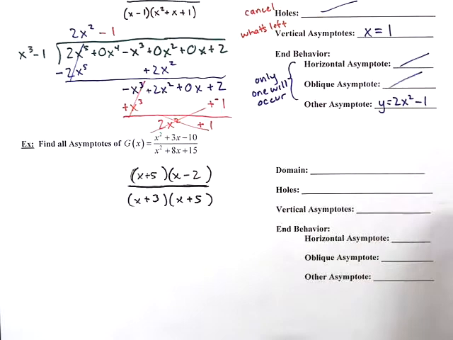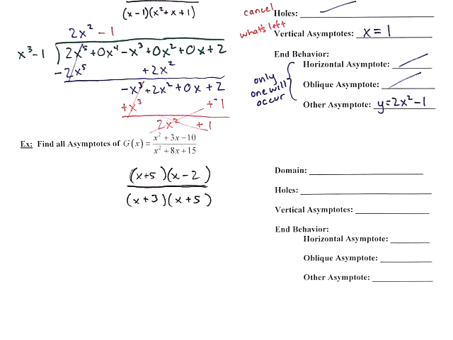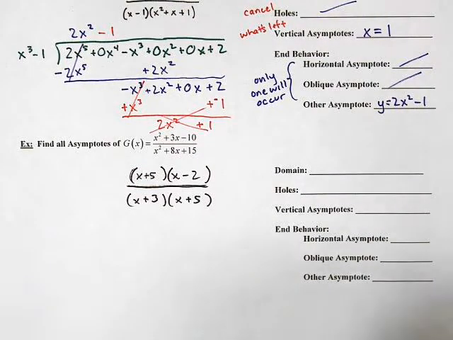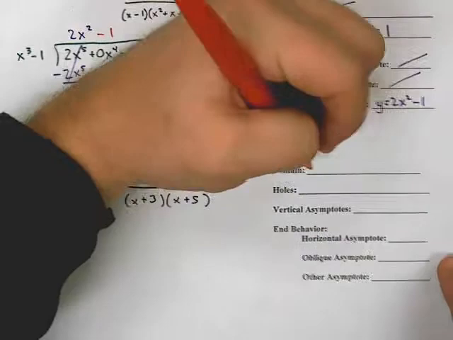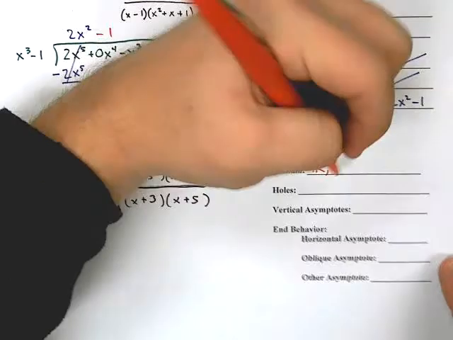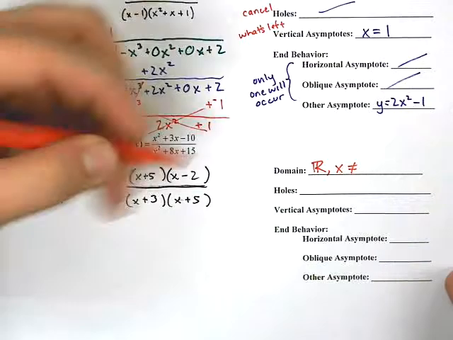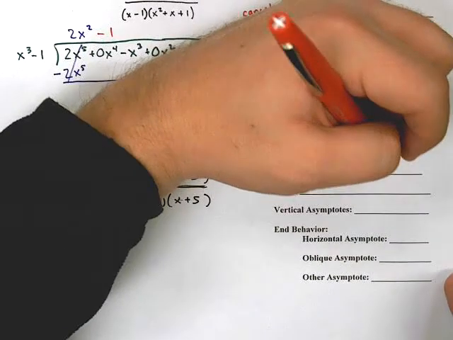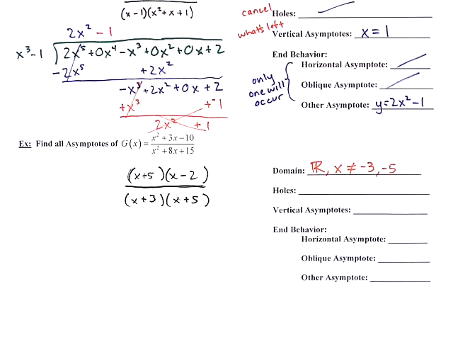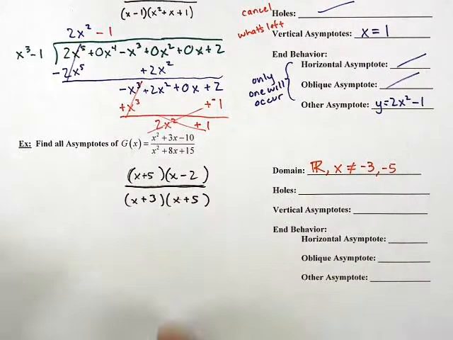This is good because we can now very nicely see what we're going to put for our domain. We know for our domain we're going to have to put all reals except x cannot equal -3 and -5. Those two values are restricted because they are in the denominator.